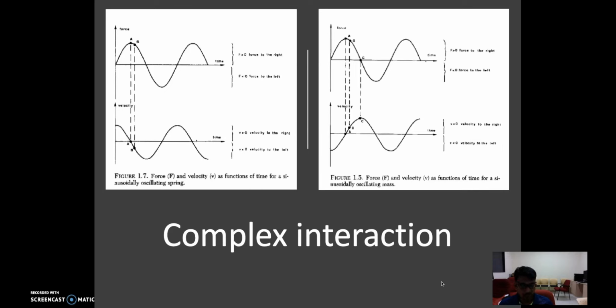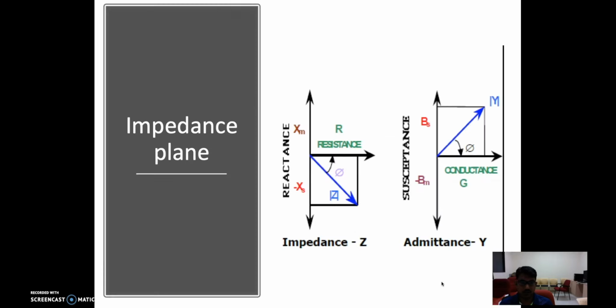Okay, so this picture might have been familiar, where the force leads and lags velocity. Okay, so finally all the three reactions, that is reaction by mass, reaction by stiffness, and resistance induced impedance changes, all of them could be plotted in an impedance plot or an admittance plot.